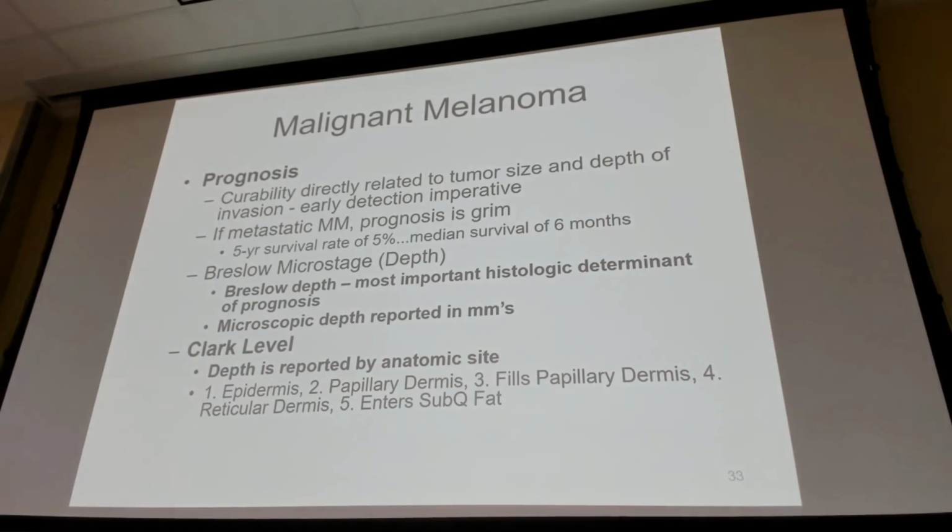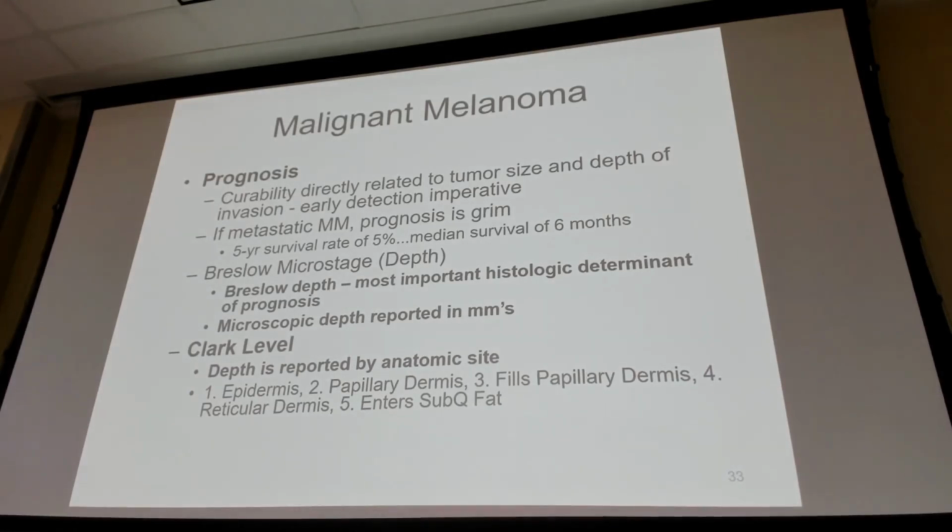Prognosis. Okay. The prognosis is directly related to the tumor size, aka the depth. So epidermis, dermis, is it sub-Q? Or like how far is that Breslow, that would say what the prognosis is.